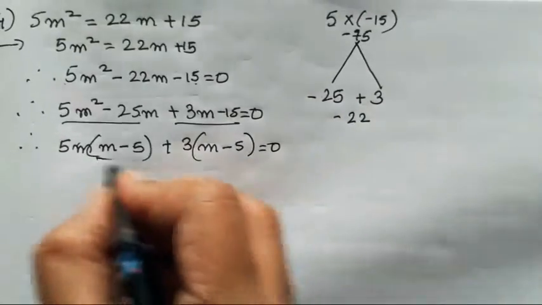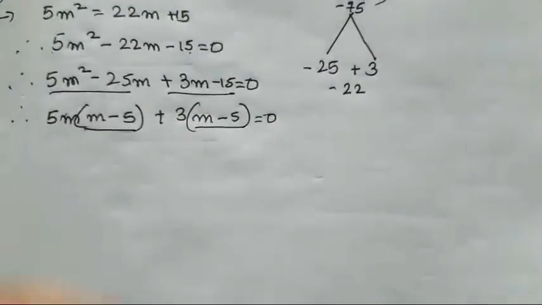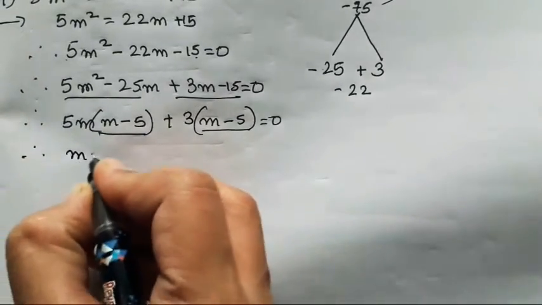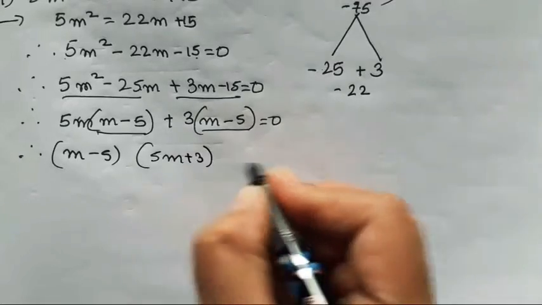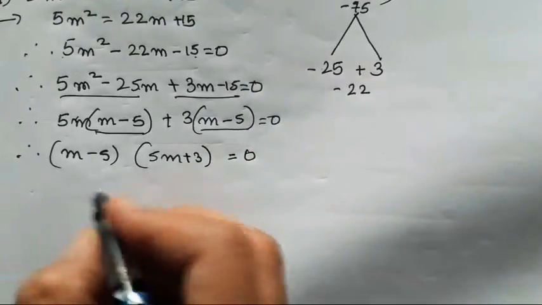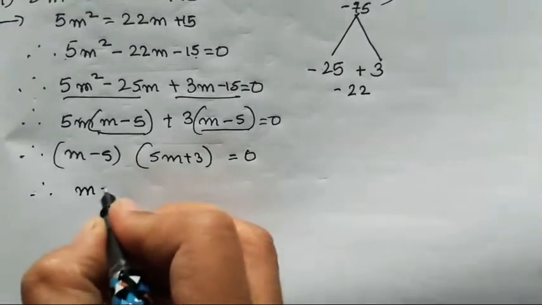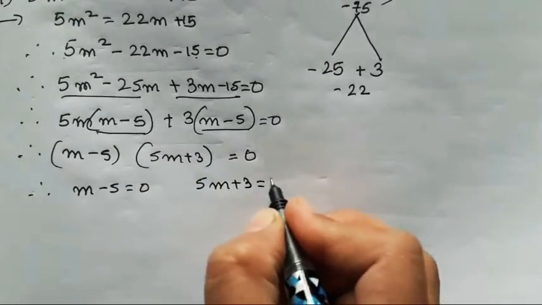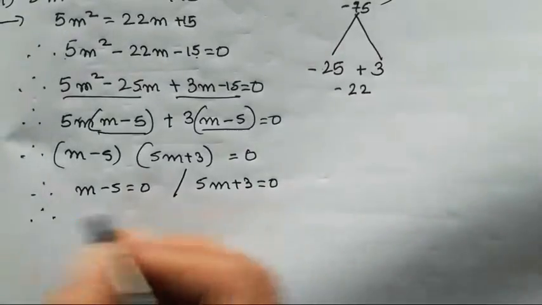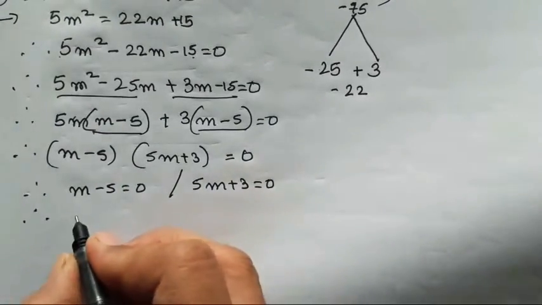Simultaneously you will be getting 2 common brackets. So therefore m minus 5 is 1 bracket and 5m plus 3 is equal to 0. This is going to be your second. So therefore m minus 5 is equal to 0 and 5m plus 3 is equal to 0. You can write "or" over here.